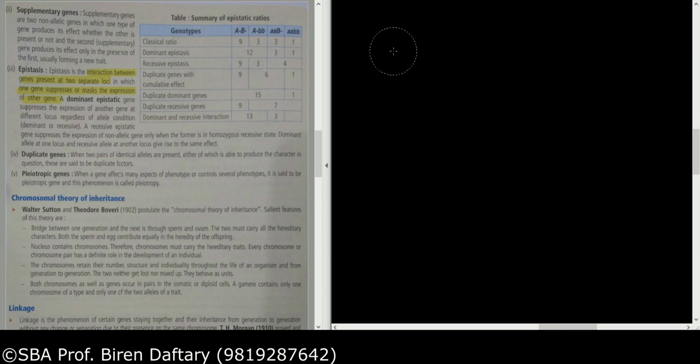First I will write the example of dominant epistasis. Dominant epistasis is the condition in which the epistatic gene is in dominant condition.